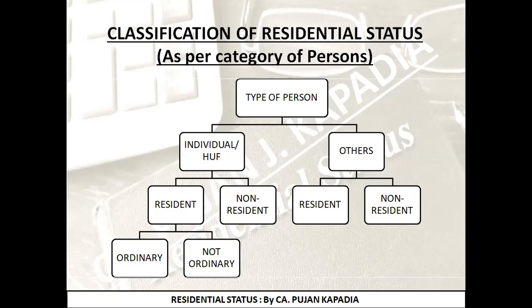You will further apply additional conditions to know whether he is ordinary resident or not ordinary resident. However, if it is other than an individual or HUF, we have just two kinds of bifurcation, that is, resident and non-resident. So this is just a general background of the classification of residential status.